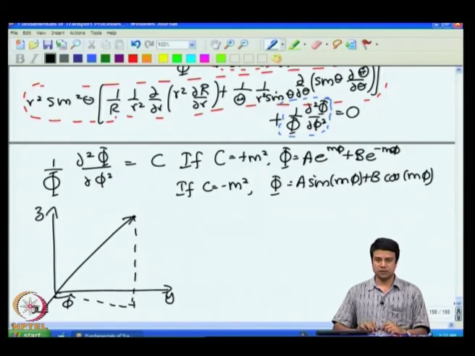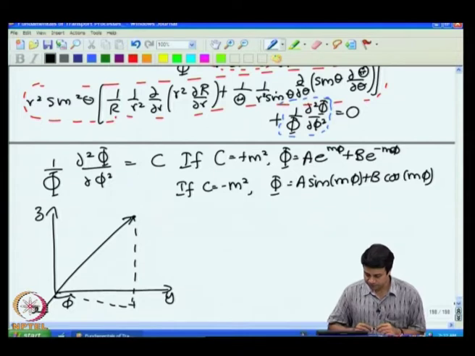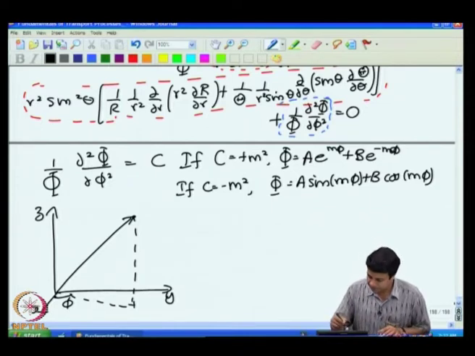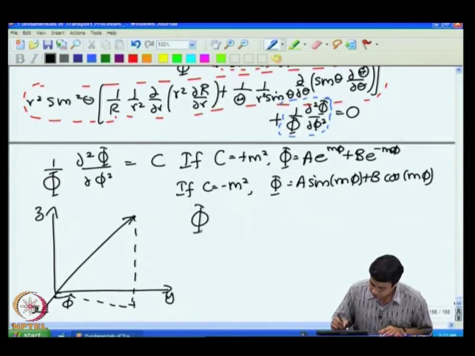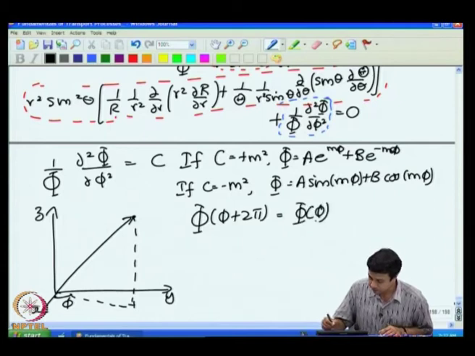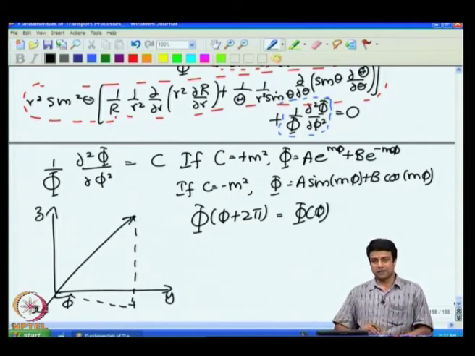Therefore, we require, as a physical boundary condition, that capital phi at phi plus 2 pi is equal to the value of capital phi at phi itself. And this is satisfied only if the constant is negative and if m is an integer.